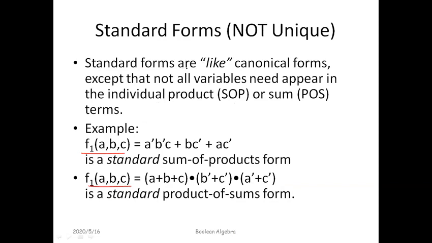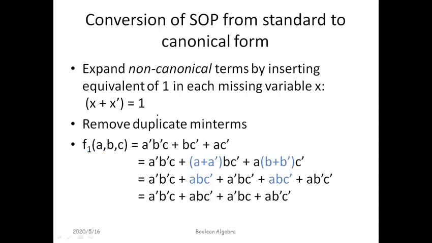So standard forms are like canonical forms, except that not all variables need to appear in the individual product or sum terms. Let's look at the conversion of sum of products from standard to canonical form. Expand non-canonical terms by inserting the equivalent of 1 for each missing variable x.